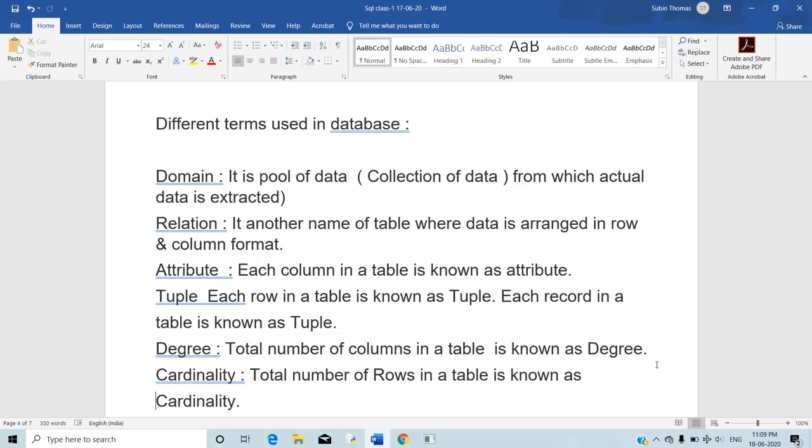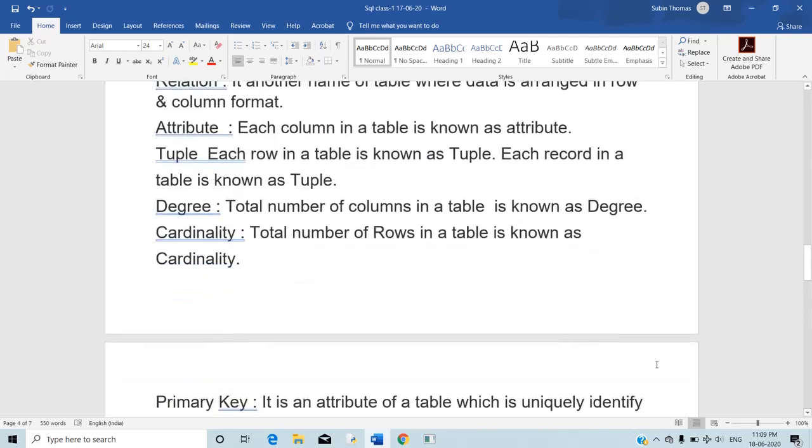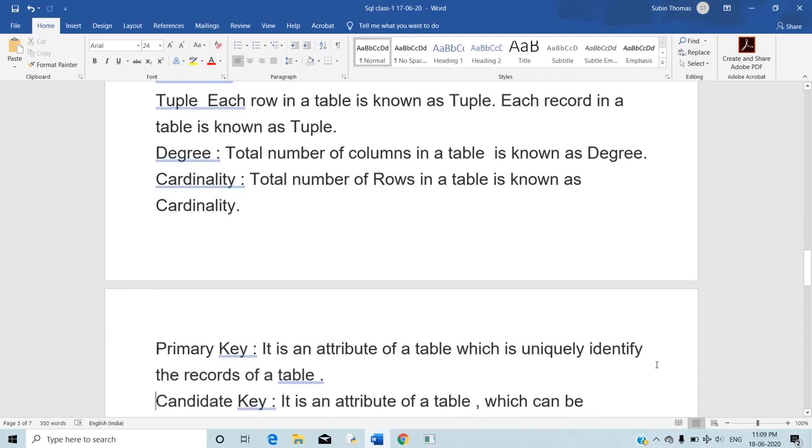That is known as the cardinality. These are the basic terms you are using in database. In our board exam also, 2-mark questions, they can ask this type of definition.